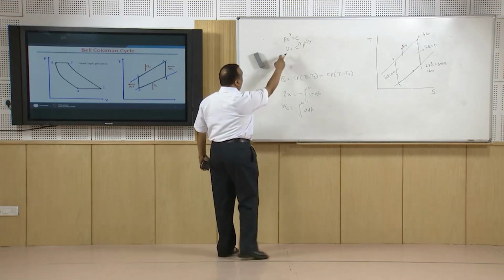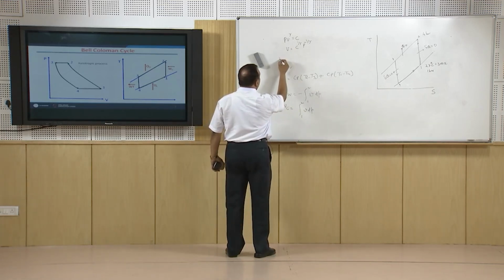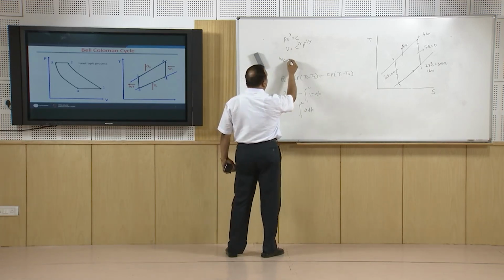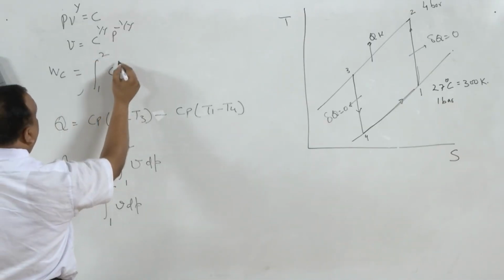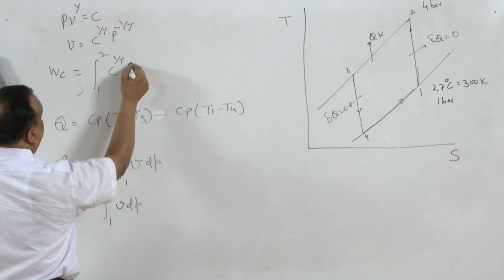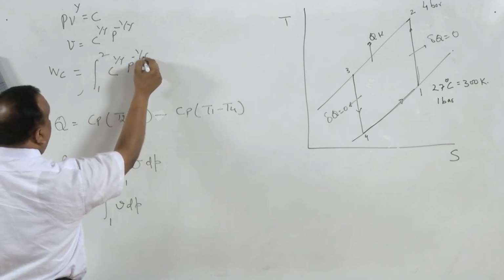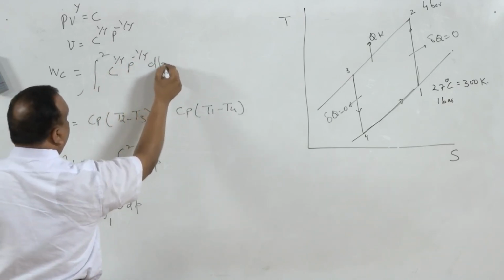Now, putting this value of V here, we will get the work of the compressor equal to the integral from 1 to 2 of C raised to power 1 by gamma, P raised to power minus 1 by gamma dP.